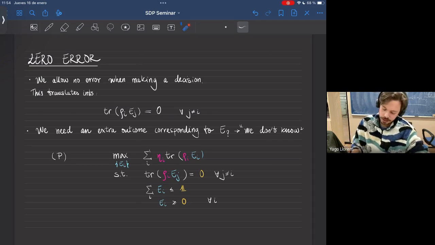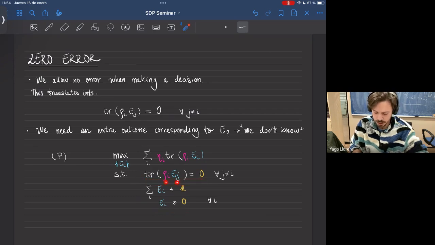So now the maximization is again over the POVM elements, and it has the same form as the maximization before, but now, instead of 2, we have 3 constraints: that they are positive, and that they have to be 0 when tracing with the operators that correspond to different outcomes.